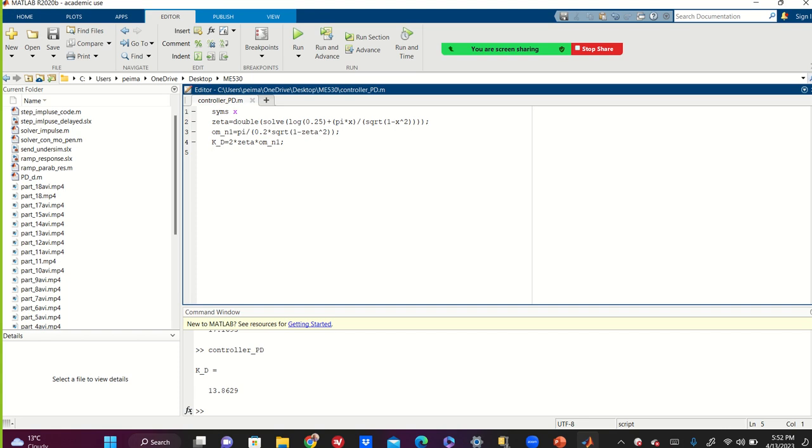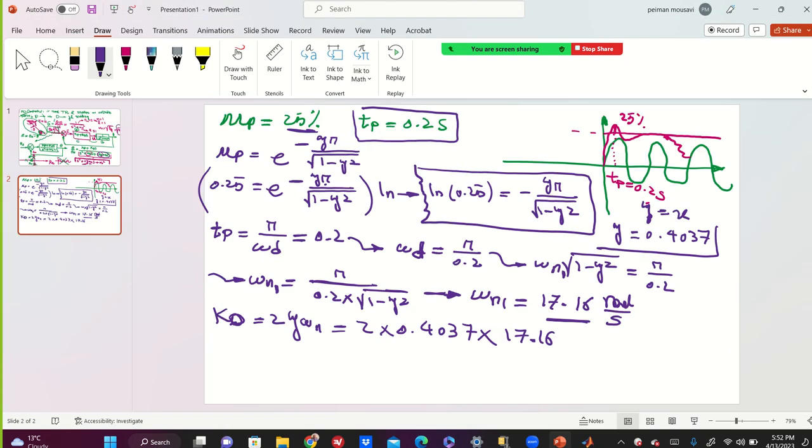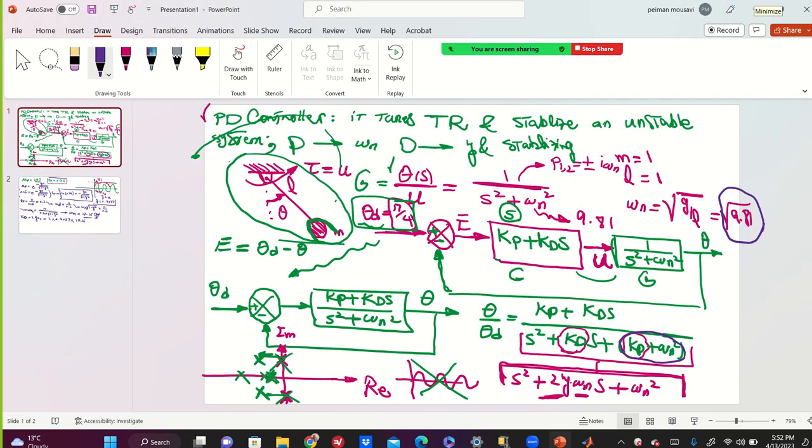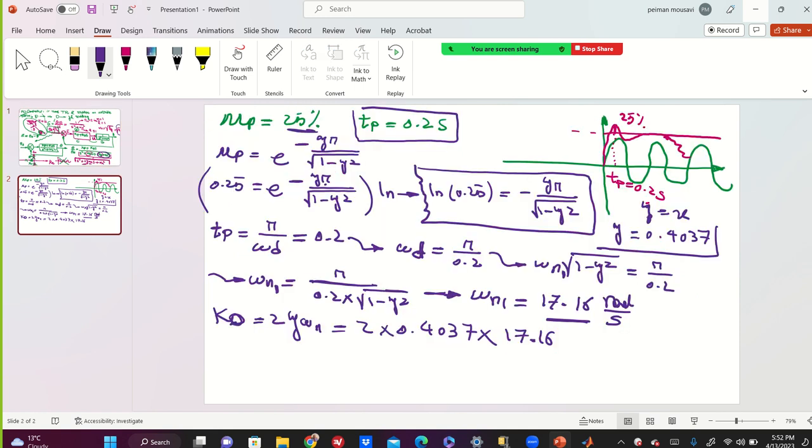And now let's go back to the P controller. Your new natural frequency: omega n1 squared is Kp plus omega n squared.